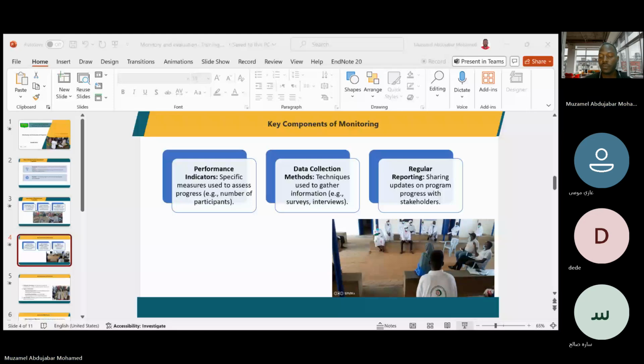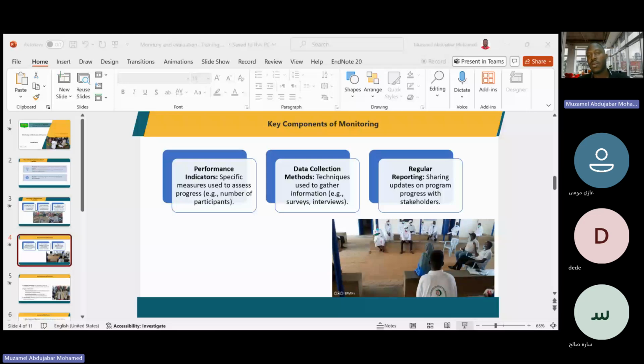Now let us see the steps of M&E. Sometimes people say M&E, and you can also say the monitoring and evaluation process. There are 5 steps in the monitoring and evaluation process. One step is to define your goal and objective.